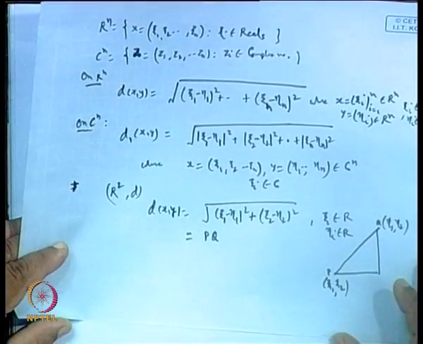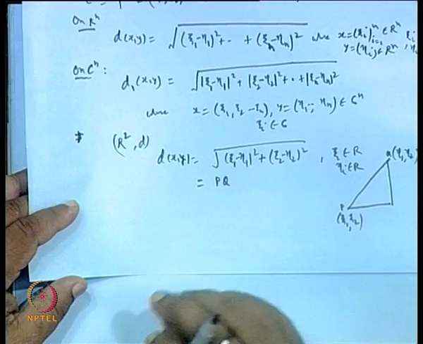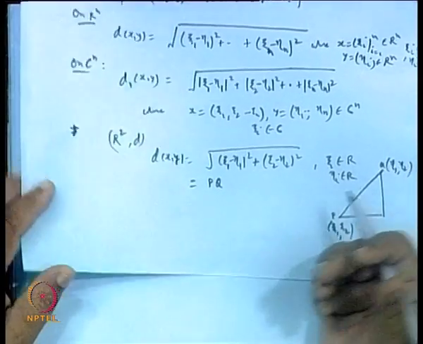which is normally considered when we deal with a problem in the 2-dimensional plane. But is this the only way of defining the notion of distance? What is the distance function, what is the metric? Metric is a function from X cross X to R which satisfies those 4 properties. That is what we call the metric axioms of the metric space. So, if we introduce the D in some other way such that all the 4 conditions are satisfied, then that new definition will also give a metric on R2.